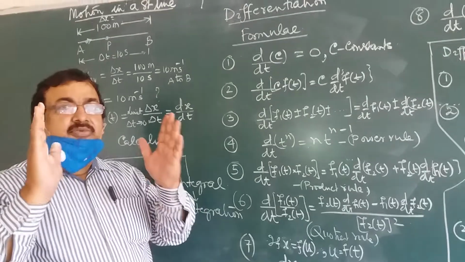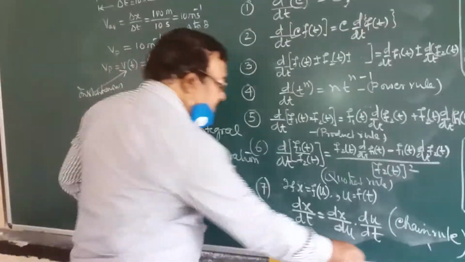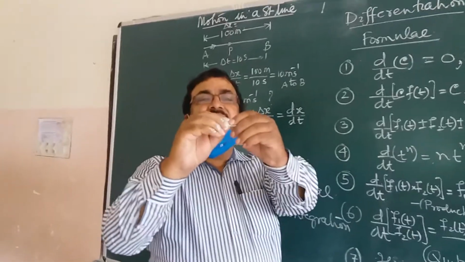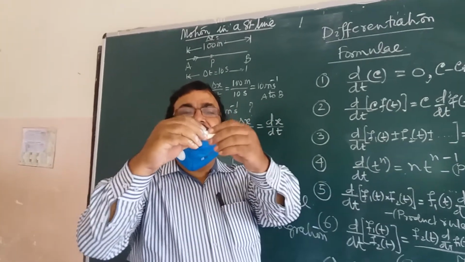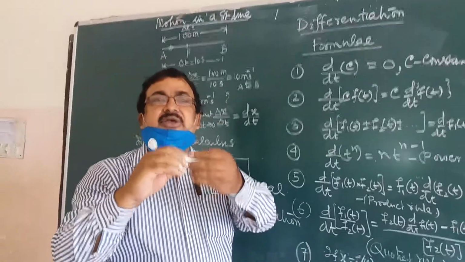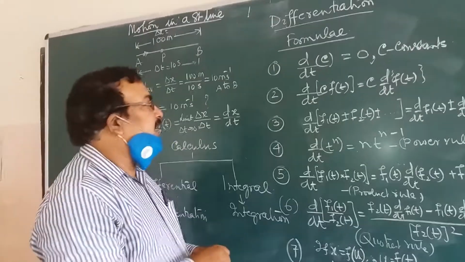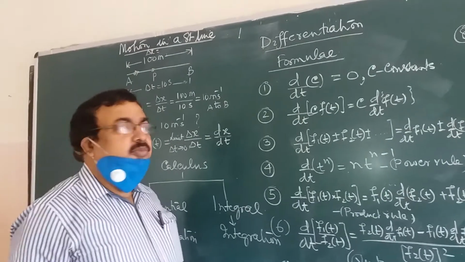Differentiation means we have a whole variable, like this chalk. I divide it into one division, this is 50-50, and then more divisions. You will have smaller values of time interval, more and more small values.